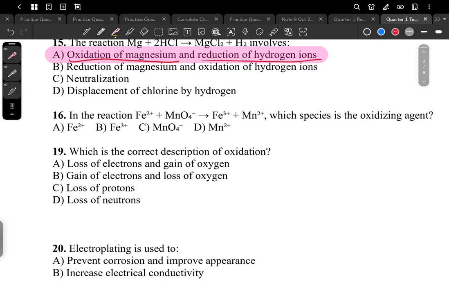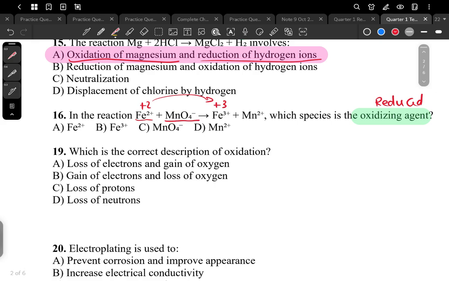Whenever a question asks you about the oxidizing agent, you should search for the one that is reduced, because the oxidizing agent is actually reduced in the reaction. Fe has an oxidation number of positive 2, equal to the charge of the ion, and here it equals positive 3, so it goes from positive 2 to positive 3, so iron is oxidized, so this is not the answer.